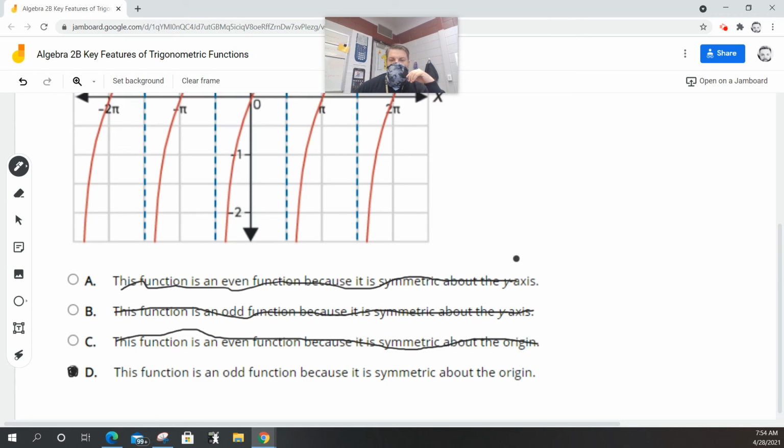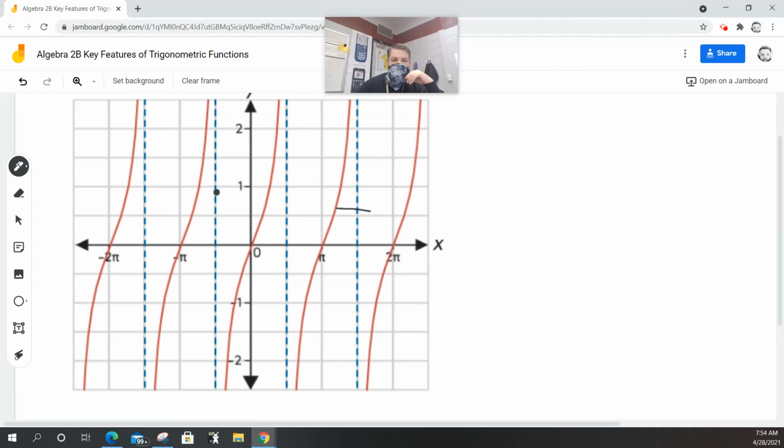And let me show you real quick. So what they're saying is if I take this right here, it has to go through the origin, okay? So if I take this curve right here and I rotate it 180 degrees, I will get this line right here.